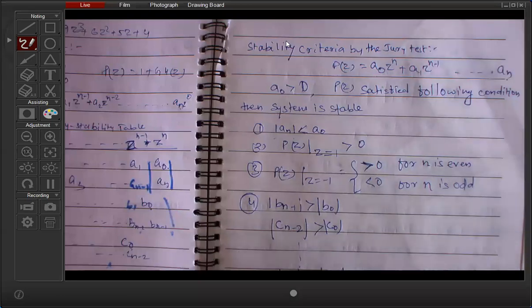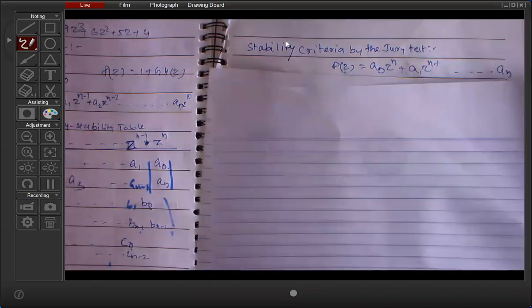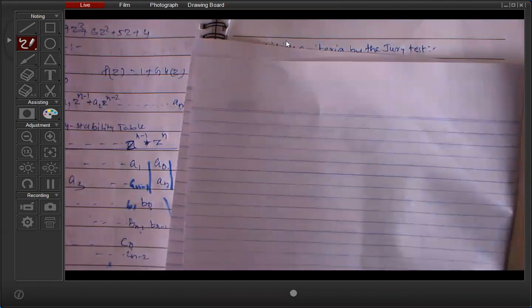Okay, so I'm asking some questions. Tell me, if you compare the Jury stability test for any discrete time system with the Routh-Hurwitz criteria for a continuous time system, do both give the absolute stability of the system, yes or no?